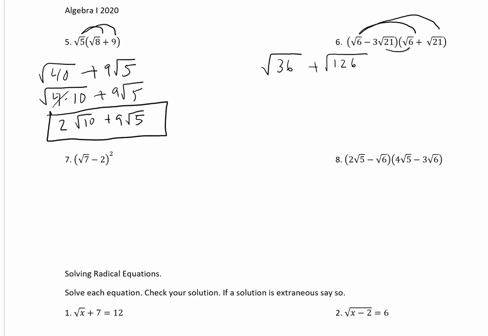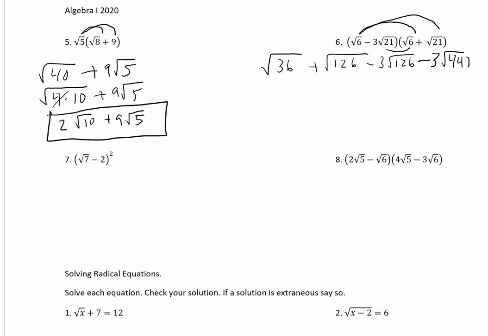And then I'm going to distribute here, and I'm going to get negative 3 rad 126, minus, because it's negative 3 times rad 21 times a positive rad 21. So minus 3 rad 441.